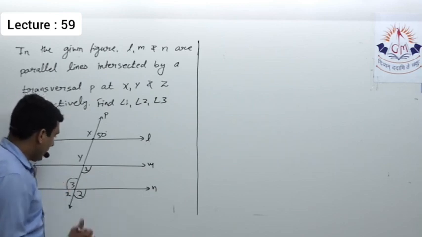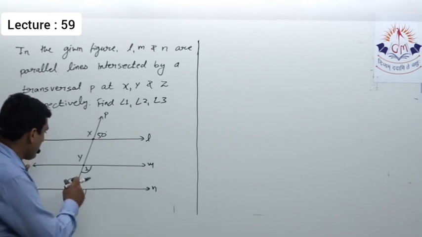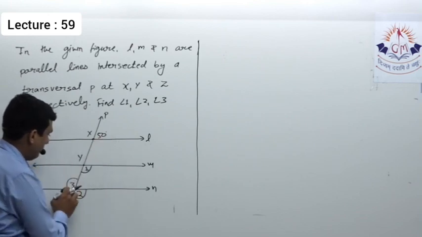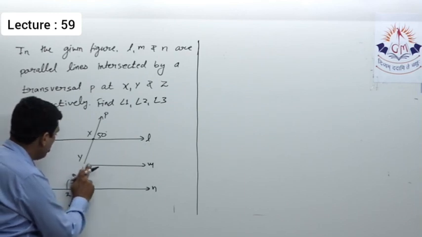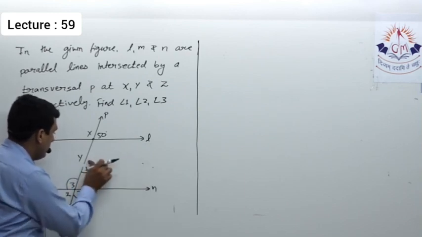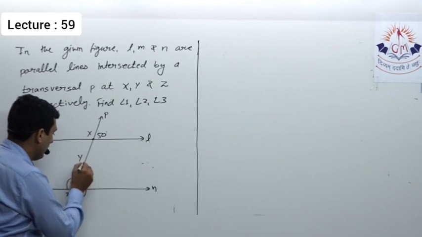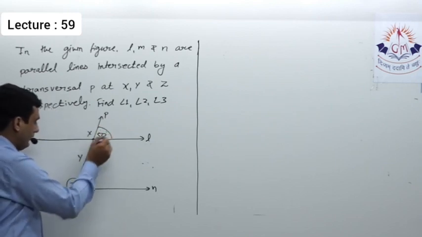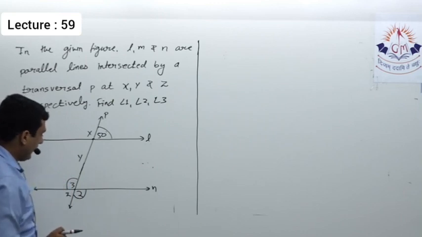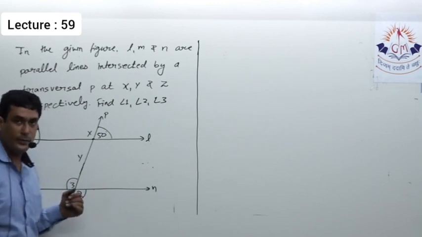For a while, suppose I remove this line. Now which angles do you find? These two, angle 50 and angle 3. Do you think there is any relation between these angles?